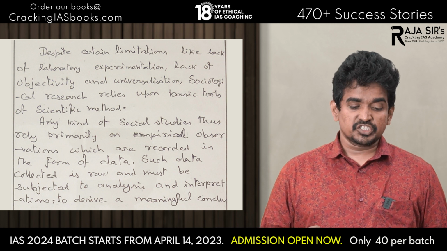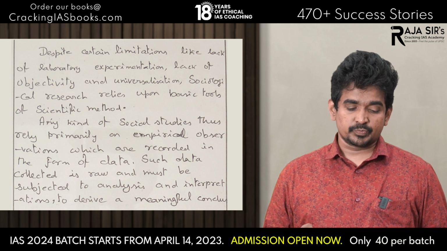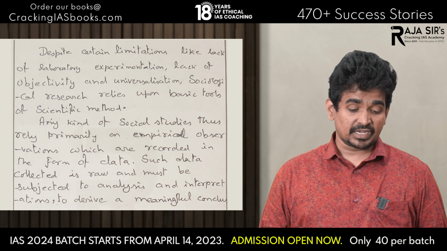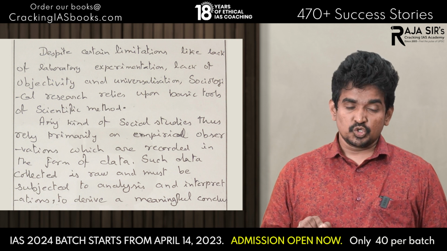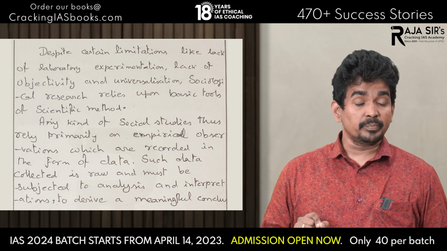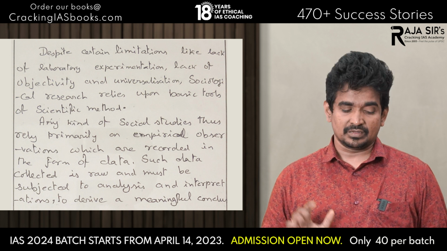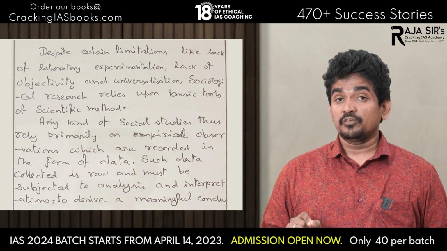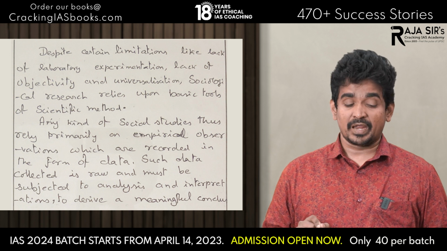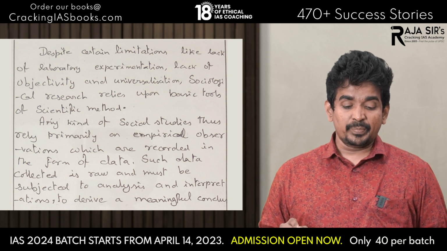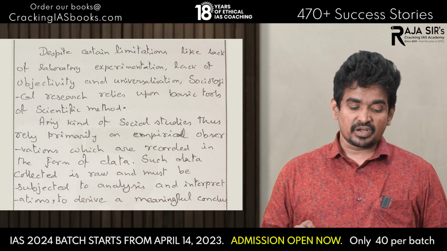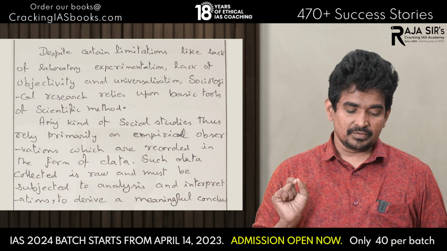Despite certain limitations like lack of laboratory experimentation, lack of objectivity and universalization, sociological research relies upon basic tools of scientific method, right? Any kind of social studies thus rely primarily on empirical observations which are recorded in the form of data.